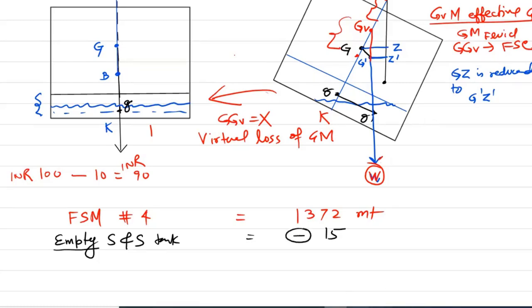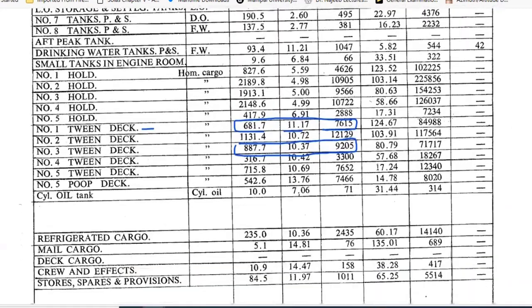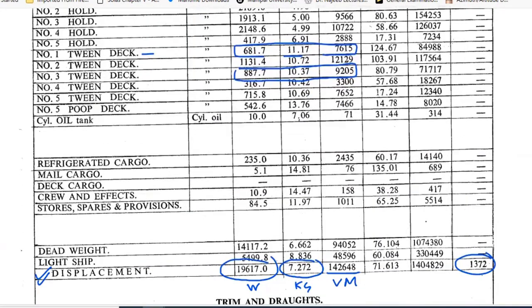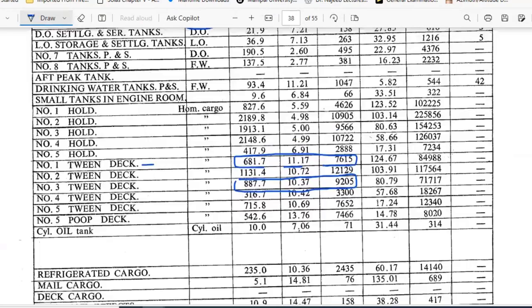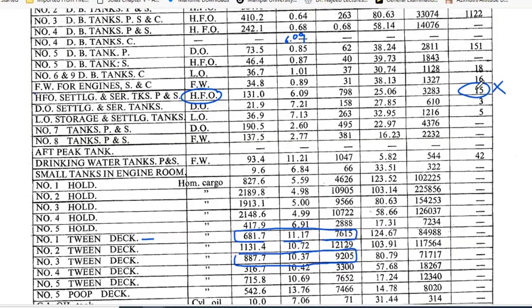But this tank 15 is part of this; we added it to get 1372. Inside 1372 this tank was also taken. So we need to subtract.